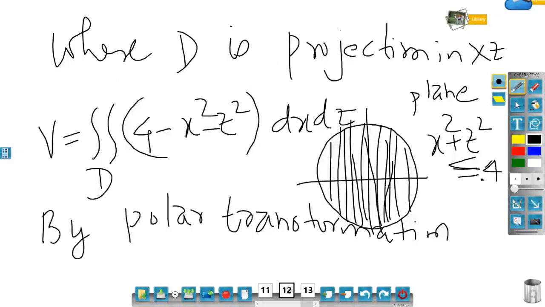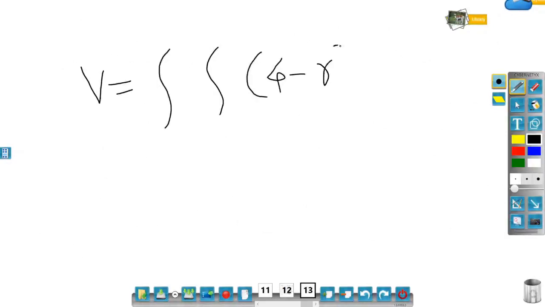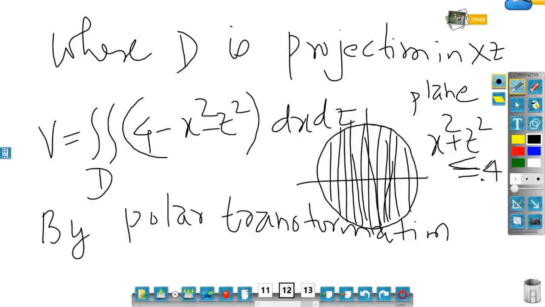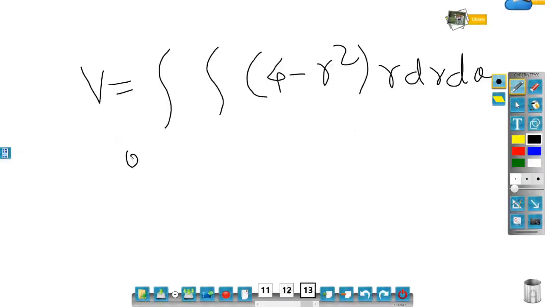So V is equal to the integral of 4 minus, here x square plus z square will be r square, times r dr d theta. And here you can see that theta is a full circle since it is a disc, so theta is 0 to 2 pi, and the radius of this disc is 2, so r is 0 to 2.